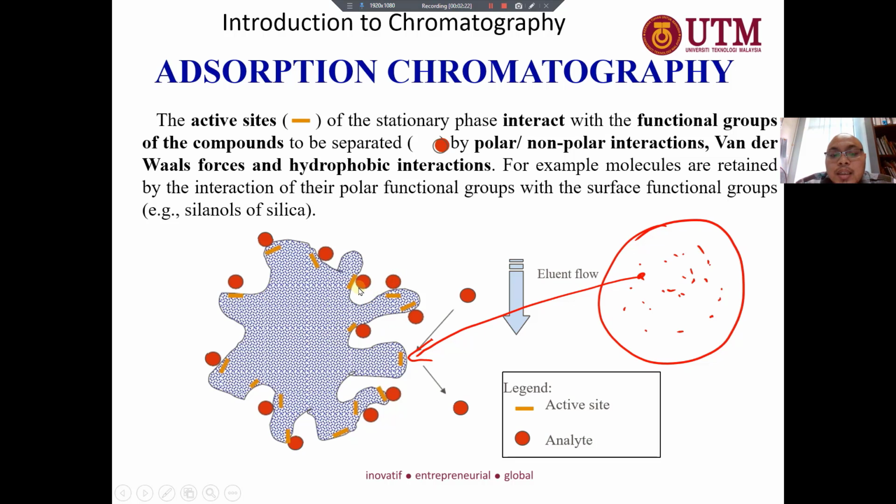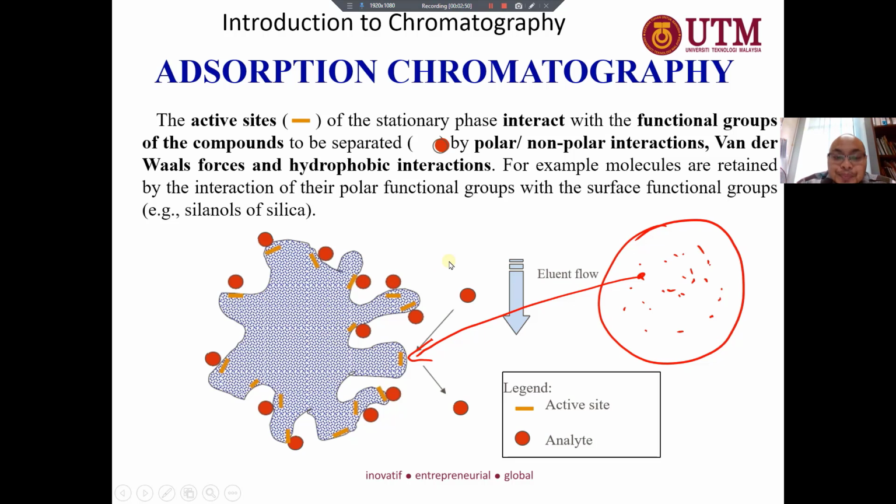If we have a polar active site, the polar analytes will attach and the non-polar analyte will not interact. If the active site is non-polar, for example, the non-polar analyte will attach greatly compared to the polar analyte. The polar analyte will elute first compared to the non-polar analyte.